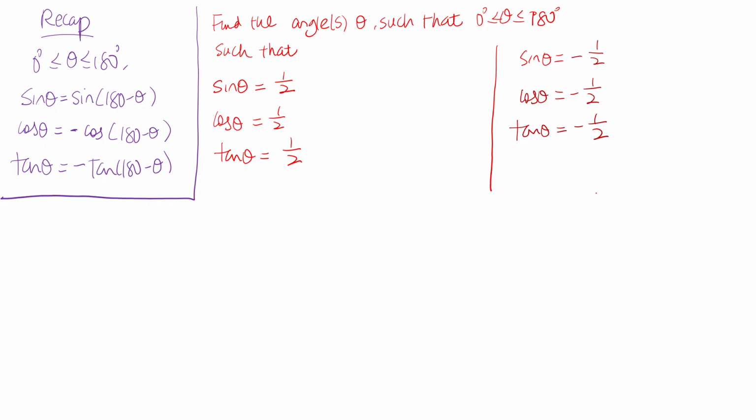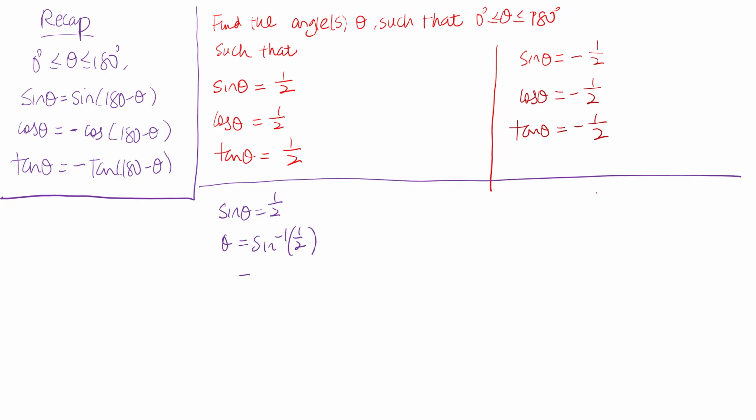Right. So let's look at the positive ratio first. Sine theta equals half. So when sine theta equals half, to find theta, we sine inverse it, right? And that gives us 30 degrees. Right, so we learn here the two possible values for this angle theta to have sine ratio half.